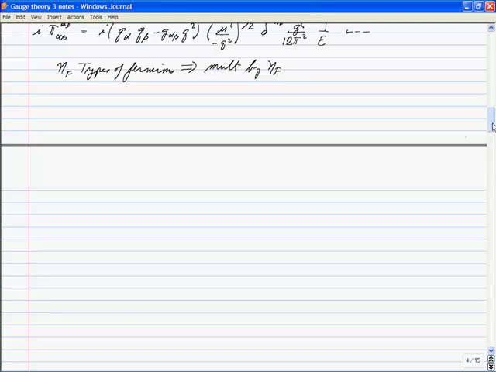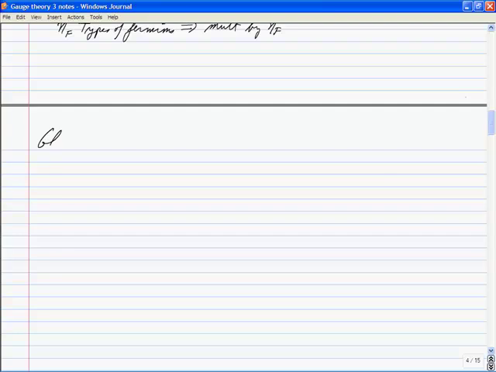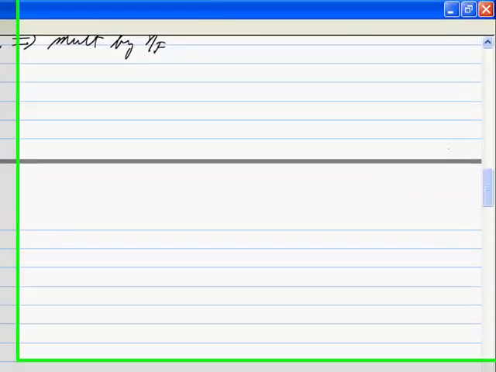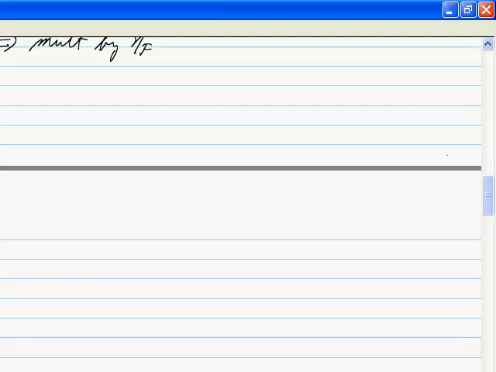Okay. So for gluons, we have this diagram and this diagram.